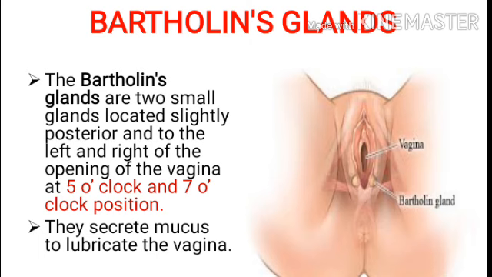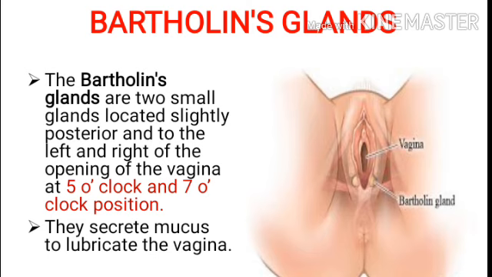Bartholin glands are two small, P-shaped glands located on either side of the vaginal opening, posterior to the vaginal opening at the 5 o'clock and 7 o'clock positions. So the Bartholin's glands are slightly posterior to the left and right of the vaginal orifice, one at 5 o'clock and the other at 7 o'clock on both sides.